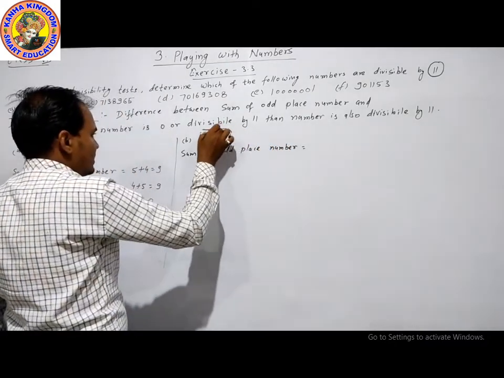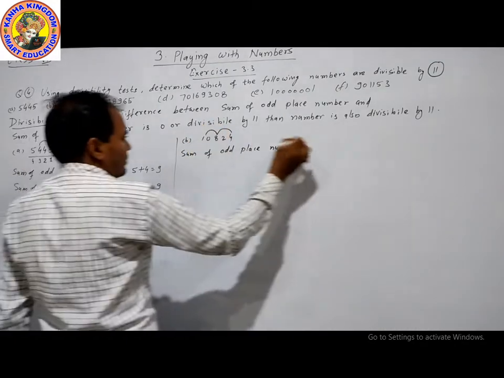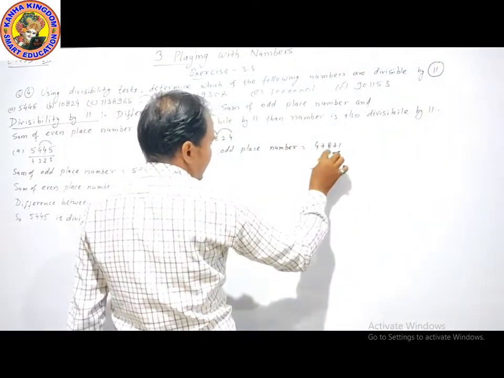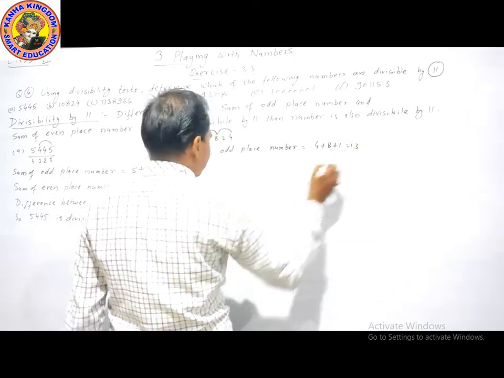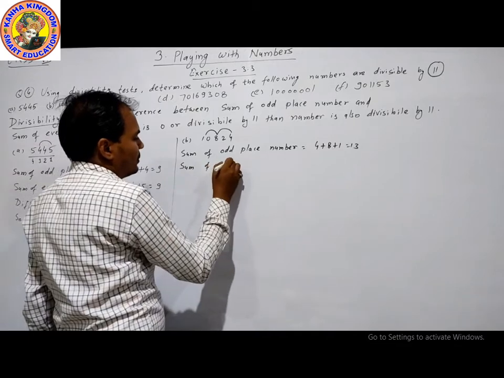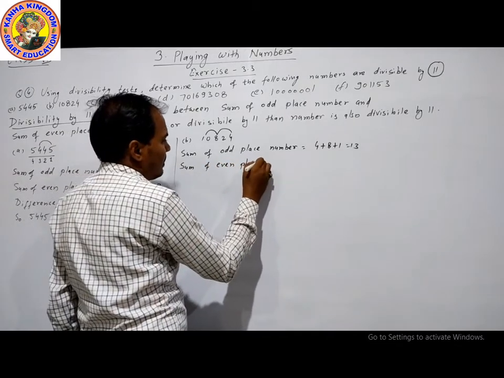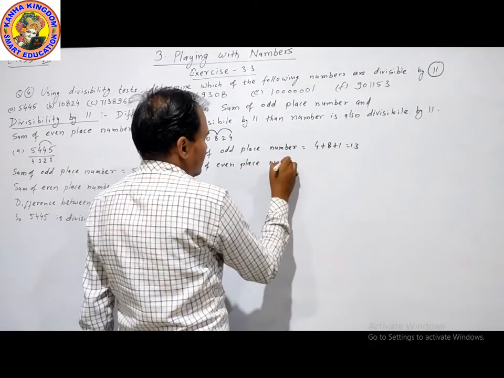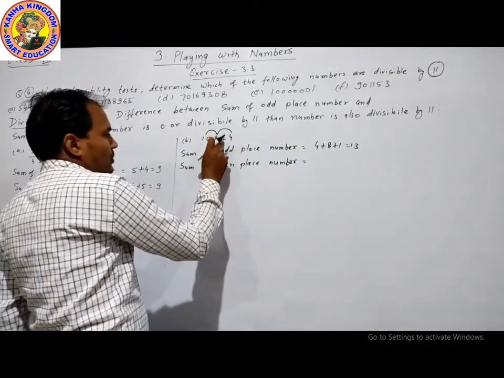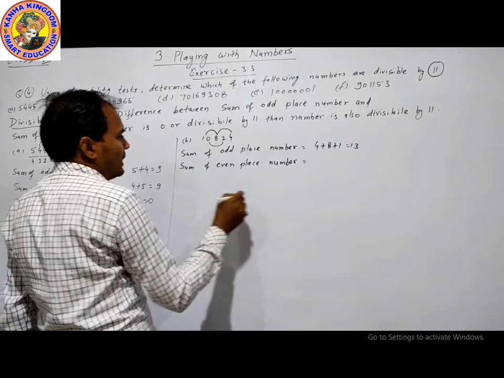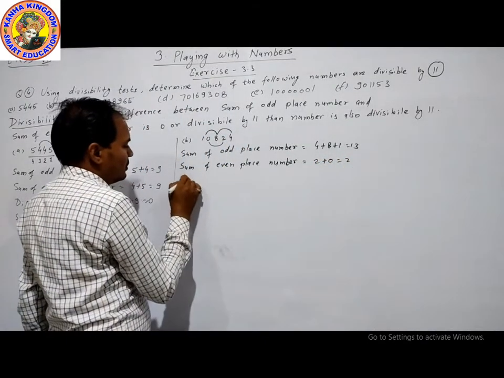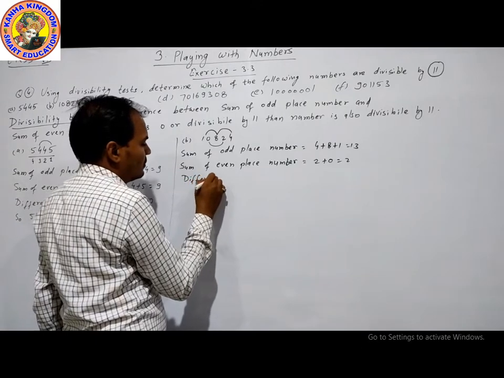In odd places: 4, 8, 1. 4 plus 8 is 12, plus 1 is 13. Sum of even place numbers. Even places 2 and 0. 2 plus 0 is equal to 2.